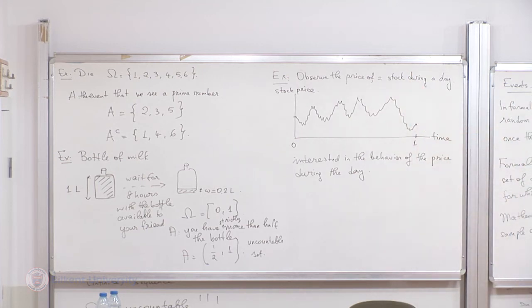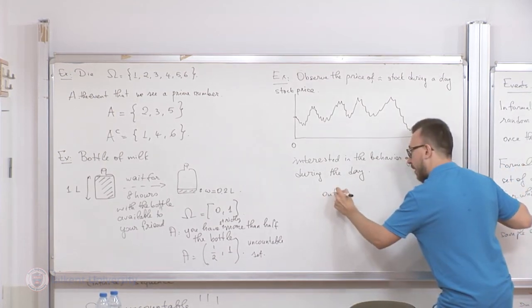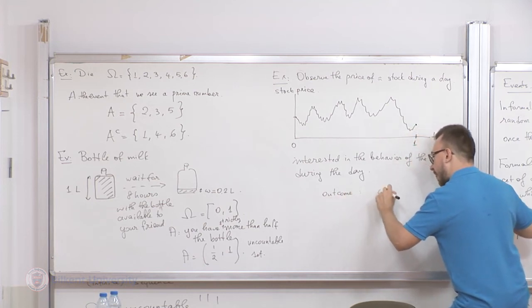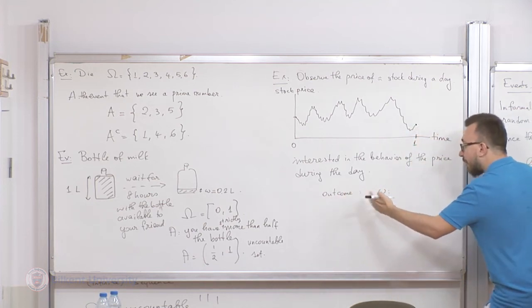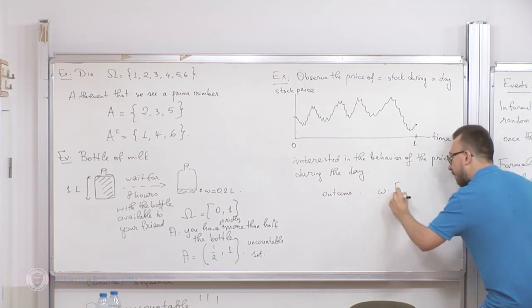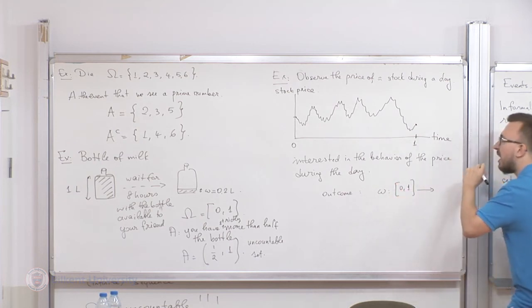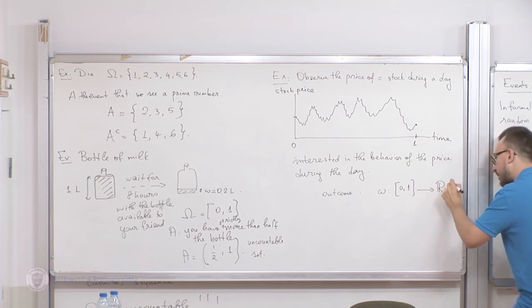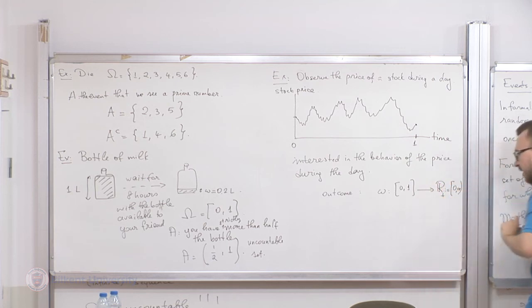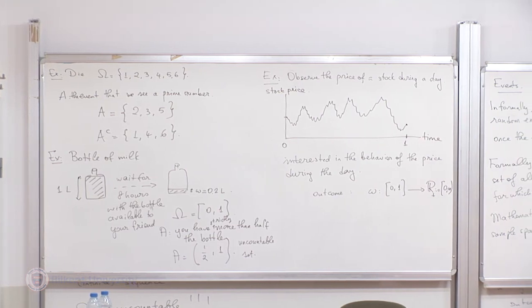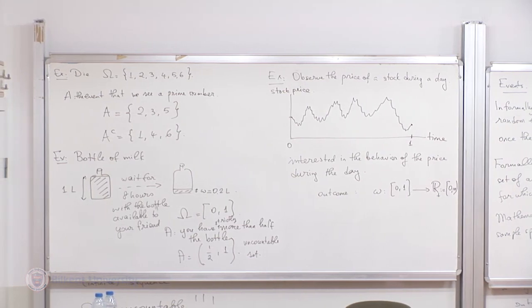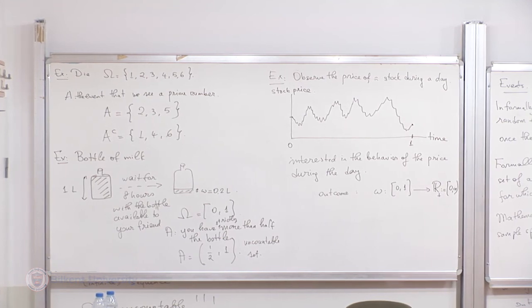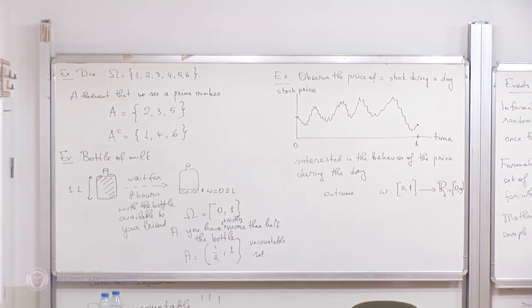And what is the property of this path? It's a function, right? It's a function from 0, 1 to positive numbers, positive reals. So an outcome is a function. Since it's an outcome, I denote it by omega, from 0, 1 to R plus, which is the interval 0 to infinity. Let's include 0, okay? Not very realistic maybe, but let's include 0. Negative prices are not very reasonable for most cases.